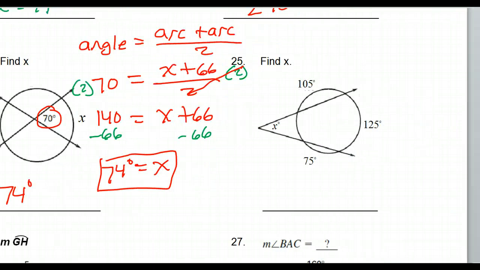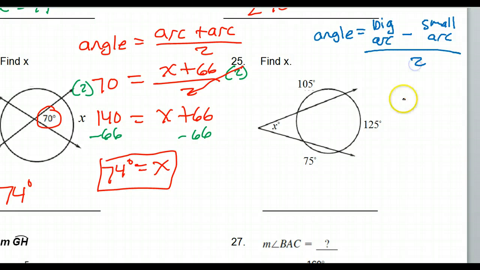Okay, number 25. Alright, whenever the angle is outside of the circle, the formula that we're using is angle equals big arc minus small arc divided by 2.